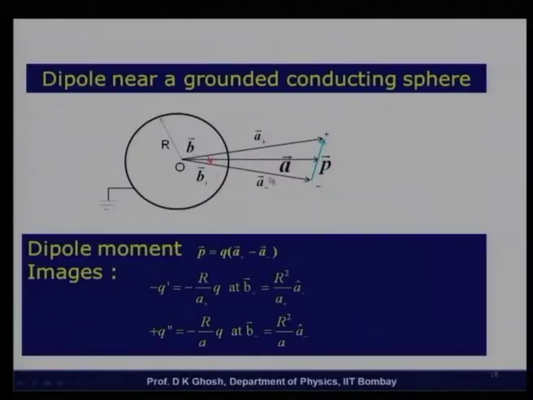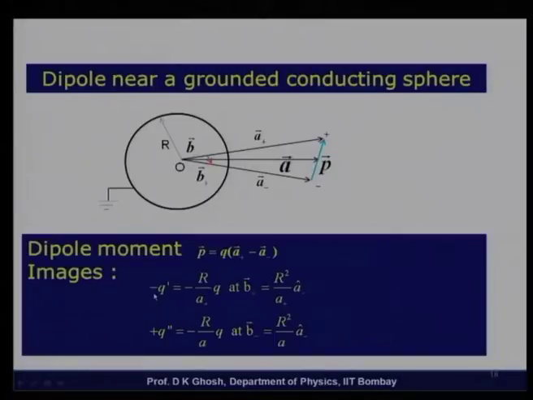So, as a result, two things happen. One is that there is an image charge here. Let me look at what the various charges are. Let me call this minus q prime, because this is a positive charge.